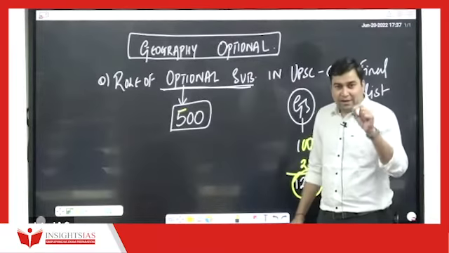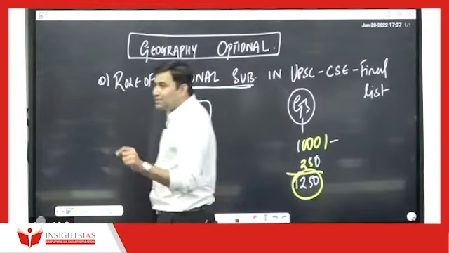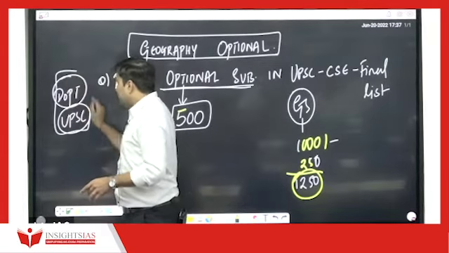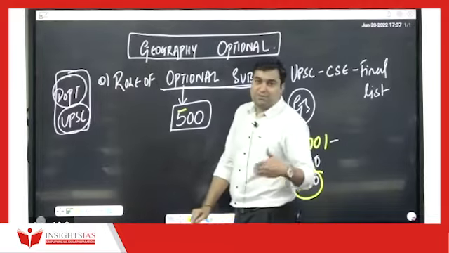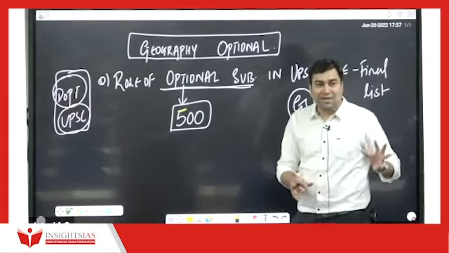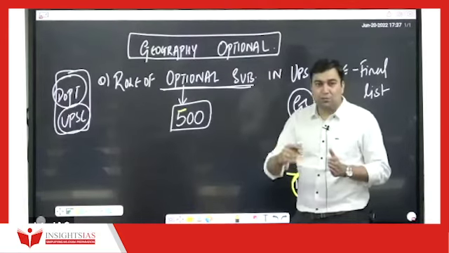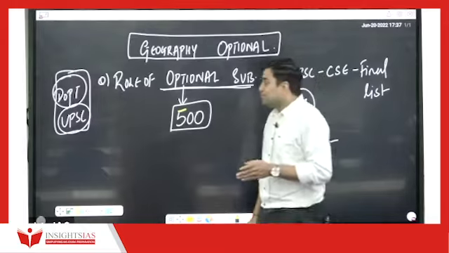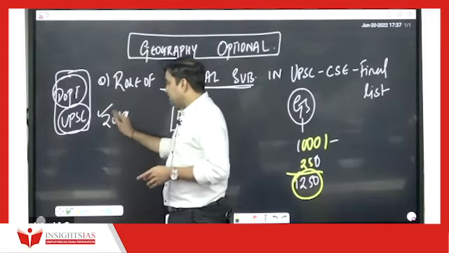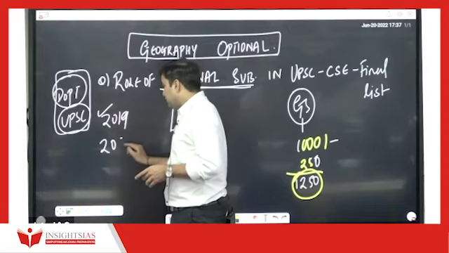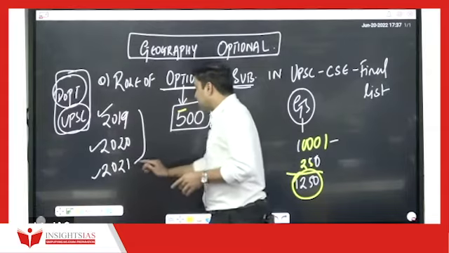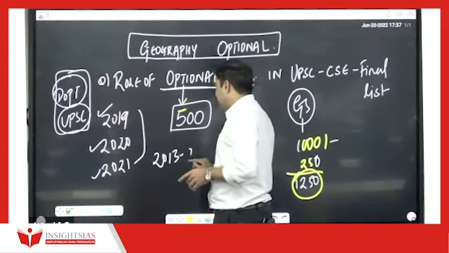In the present times, I will be speaking on the statistics from these 2 authentic sites, which present reports each year on how various optionals have performed, how many students appeared from which optional, what the success rate is, etc. Considering 2019, 2020, and 2021 as the recent data, we'll speak about these 3, and then from 2013 till 2018.